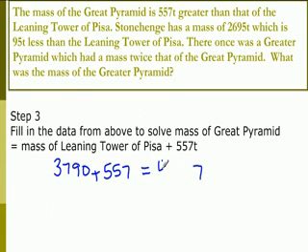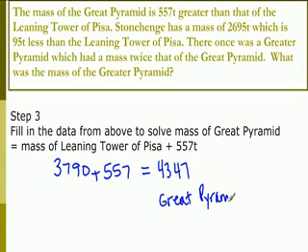Okay, we have 4347 equals the Great Pyramid. So now we know Stonehenge, the Leaning Tower of Pisa, and the Great Pyramid.